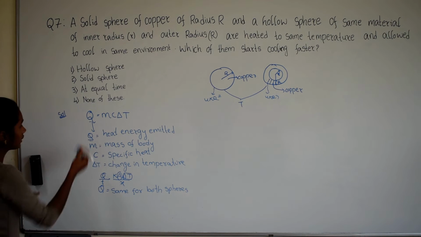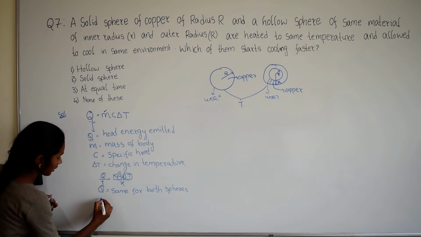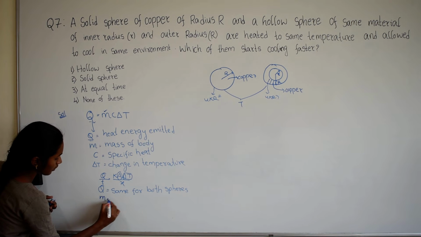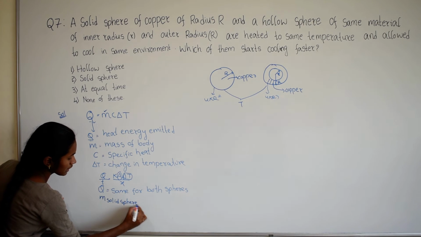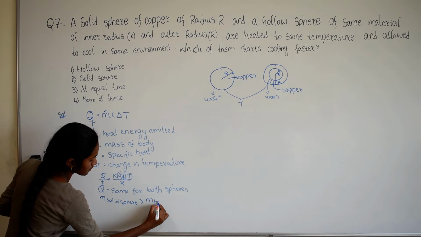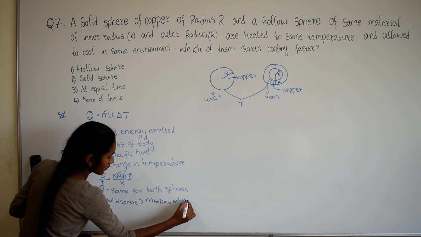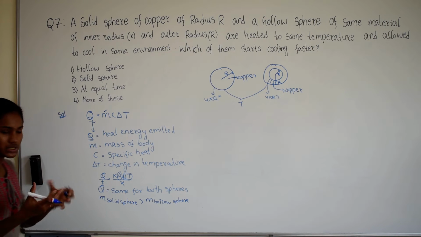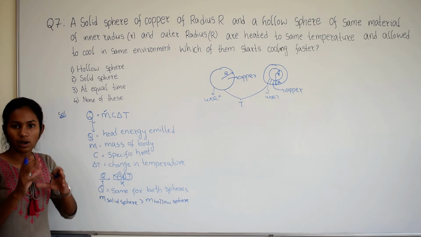And now let's consider m. Mass is different. The mass of the solid sphere will be greater than the mass of the hollow sphere. We know any body which is completely filled will have more weight than a hollow body.